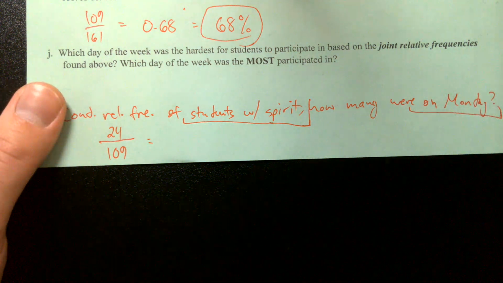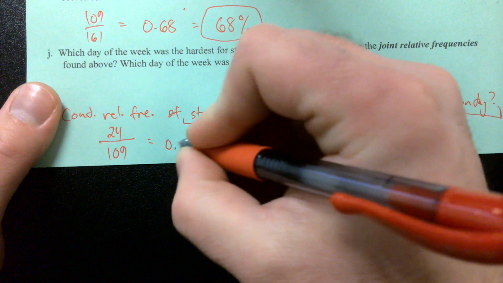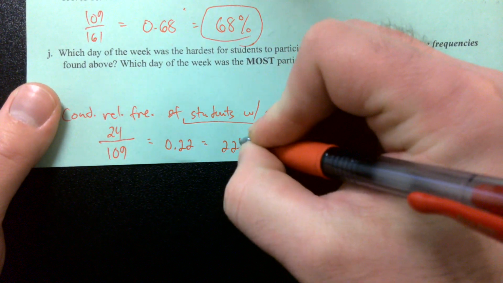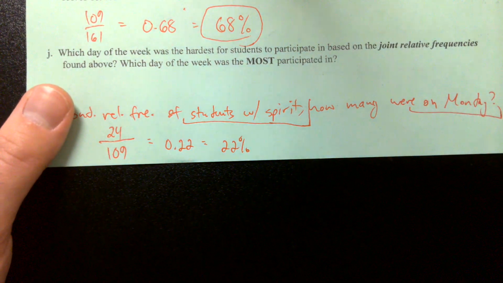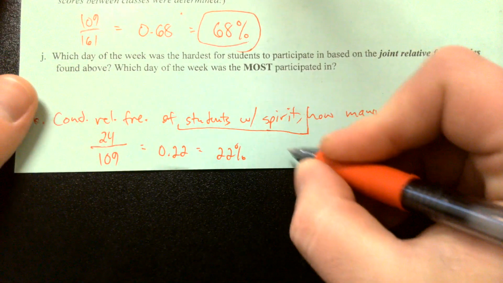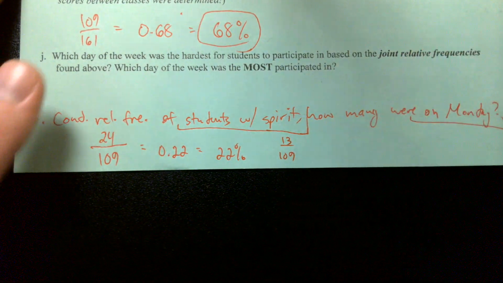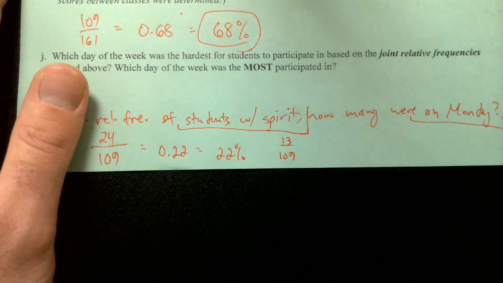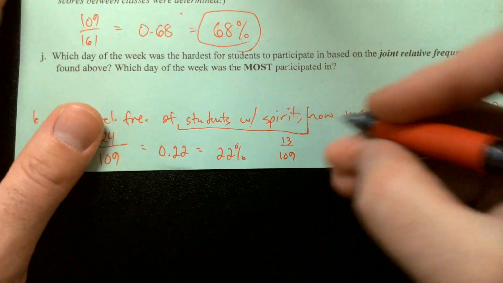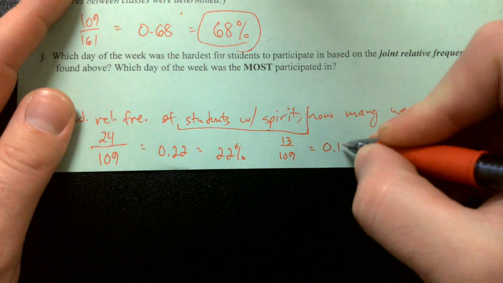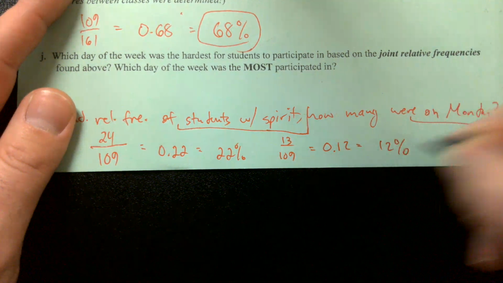24 divided by 109. Boom, boom, boom. 22, so 22%. If we compared that to the people with spirit on Friday, 13 over 109. 13 divided by 109. That's only 12%. 0.12 or 12%.